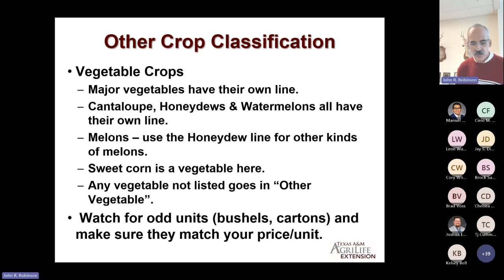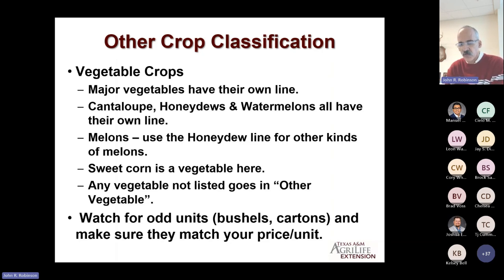The one thing I'll say about vegetables, having worked in Weslaco and being with the vegetable industry, is that there are some wacko units like 7/10 bushel cartons. There are some weird units for fruits and vegetables. They're not weird to the people in the industry, but they're odd to me.